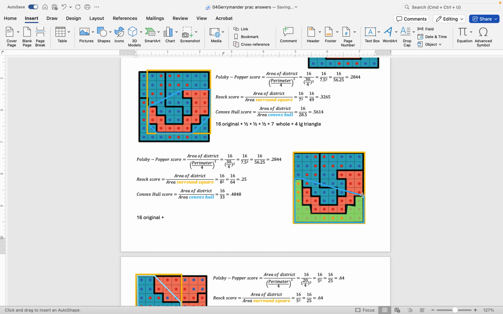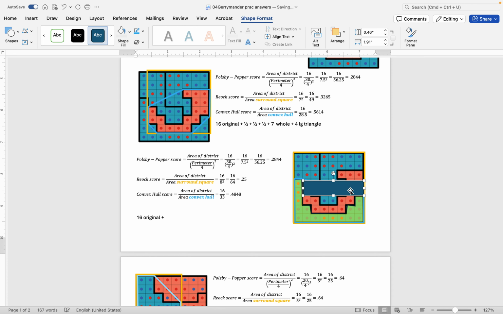I see a triangle that starts here in this corner and it goes across and up to here, okay? So let me just mark that off for myself so I don't double count any of those squares. Now, all of these down here that are not yellow are new to my convex hull shape. So I've got 1, 2, 3, 4, 5, 6, 7, 8, 9, 10 new whole squares.